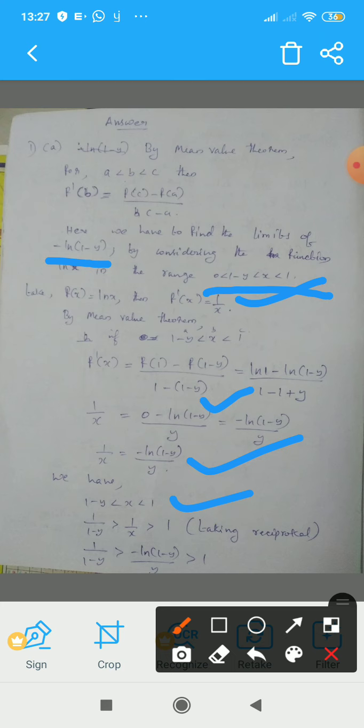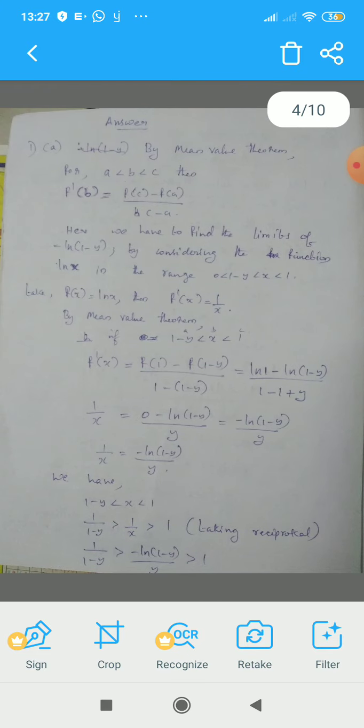And what is 1 by x? We already found out that 1 by x is equal to minus log 1 minus y by y, right? Thus we get 1 by 1 minus y is greater than minus log 1 minus y by y greater than 1. Okay.